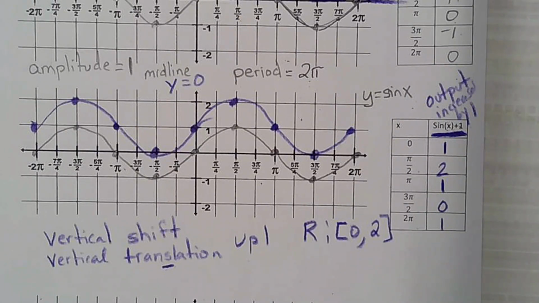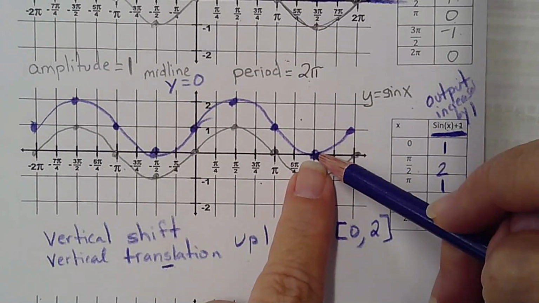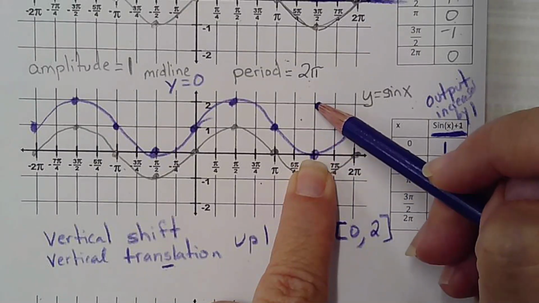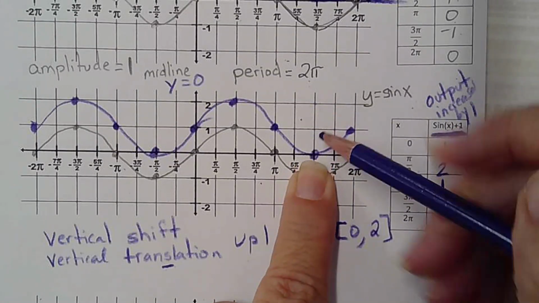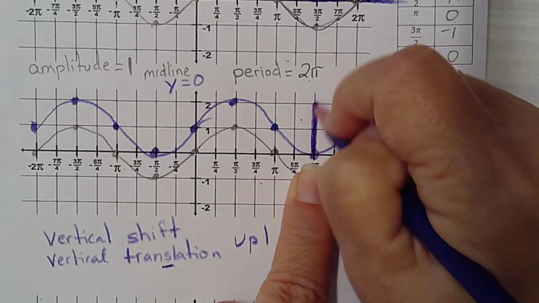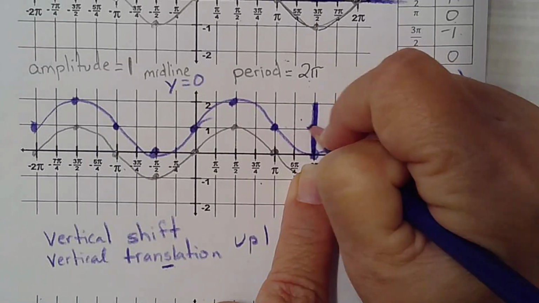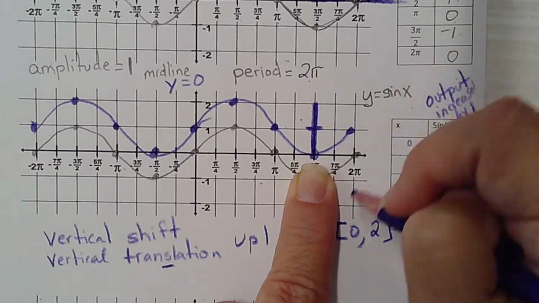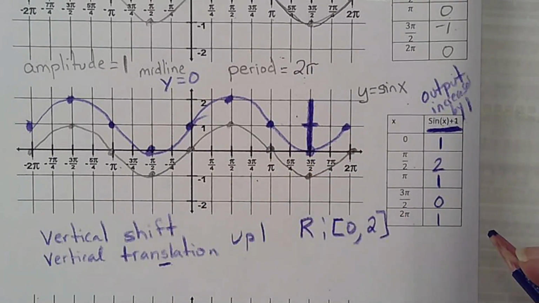Did our amplitude change at all? Your amplitude goes from the least to the greatest. So how many spaces are in here? 2 spaces. And then you cut it in half. What's half of 2? 1. The amplitude stayed the same. The amplitude is still 1.